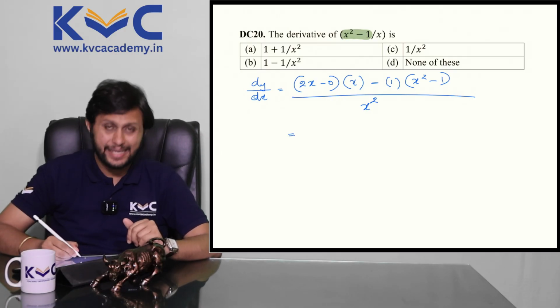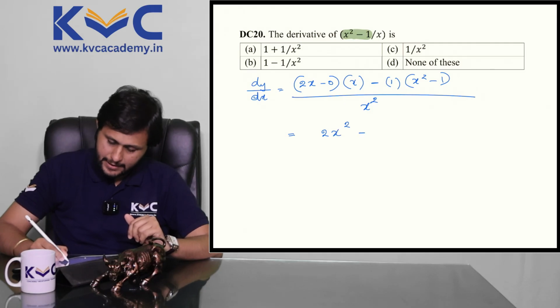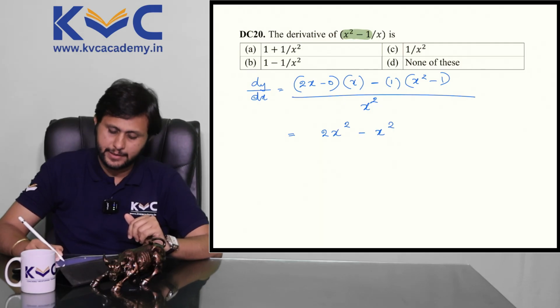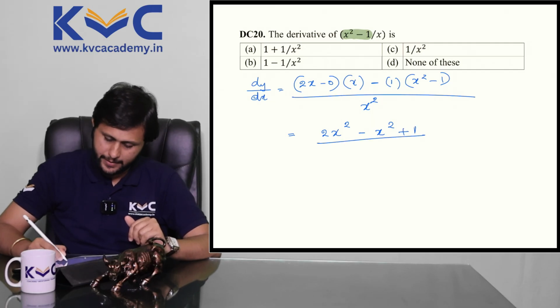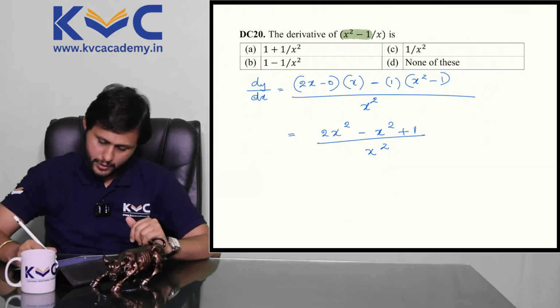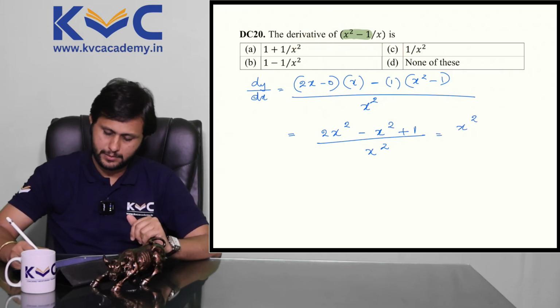Open the bracket. 2x into x is 2x square minus x square minus of minus 1 becomes plus 1, whole divided by x square. Now what do we get? 2x square minus x square is just x square plus 1 divided by x square.